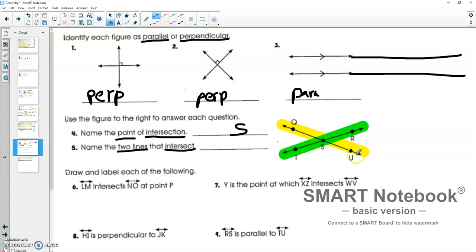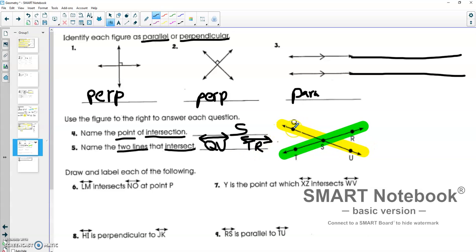So I'm going to take the two endpoints, and it's Q and U. And because it's a line, I'm going to put the line over it with the two arrows. The green one, TR. So we'll put TR. Again, it's a line, so I'm putting the two arrows on top, signifying it goes on forever.